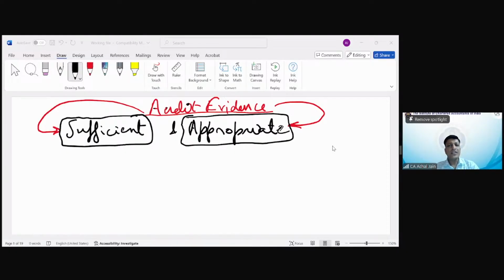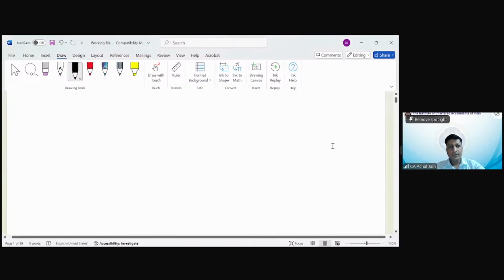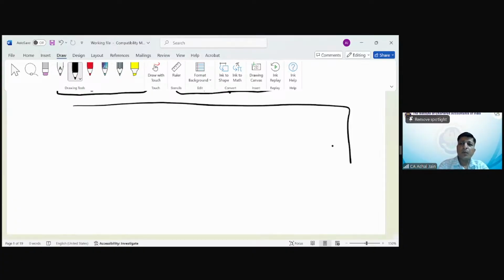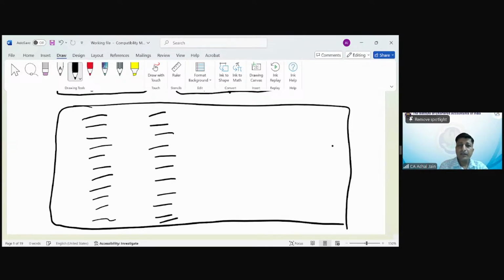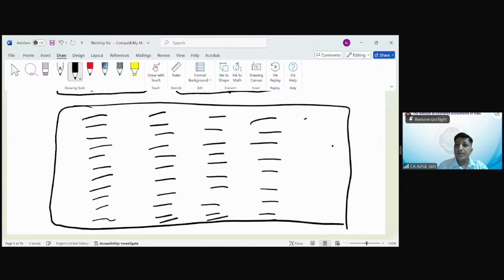If we go back to our example of NRV testing, let's suppose we have this population. There are a lot of inventory items. For this population, the auditor will have to perform the testing.